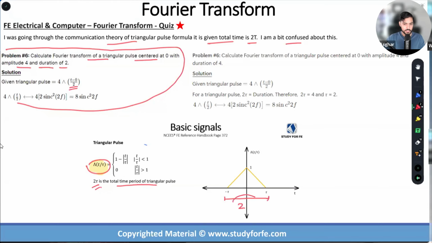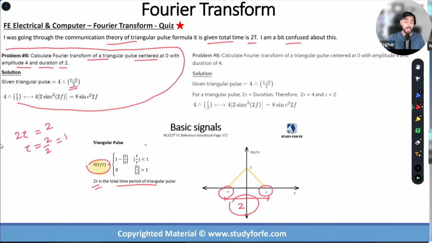So this whole thing is 2, correct? And if you pay attention, from the standpoint of tau, it is 2 tau. So 2 tau is equal to 2. Tau should be equal to 2 by 2, which is equal to 1.